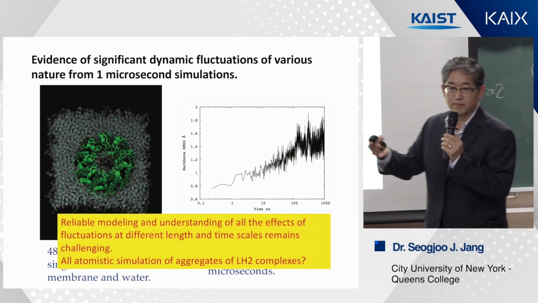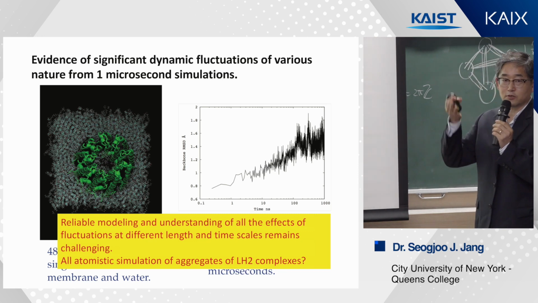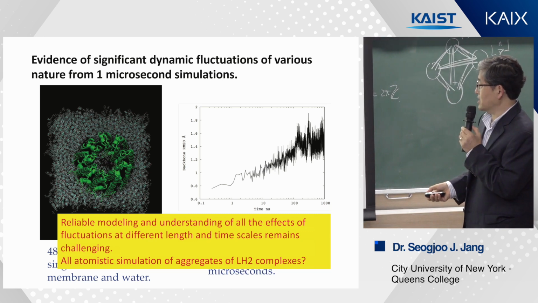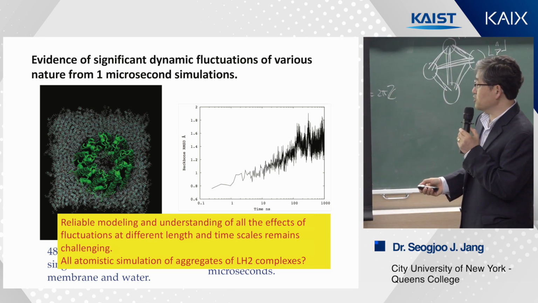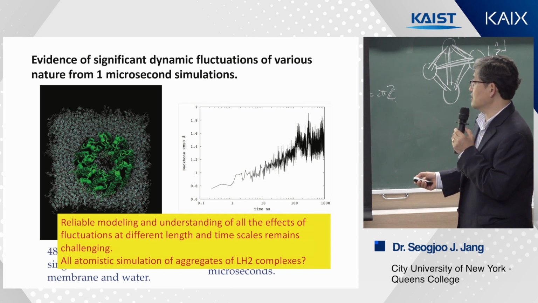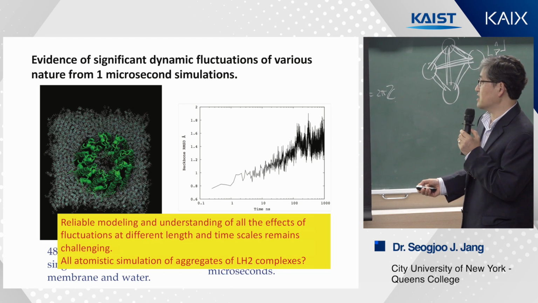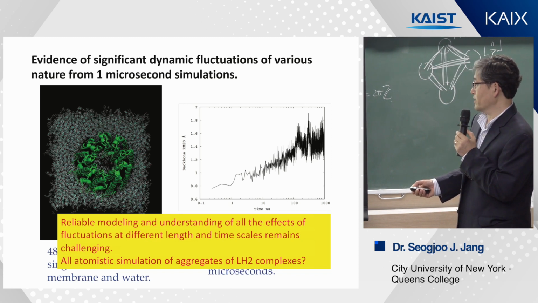The main challenge even for these kinds of systems is that, fortunately, our results were based mostly on short, nanosecond time scale dynamics. But it is important to gain reliable modeling and understanding of all the effects of fluctuations at different length and time scales.